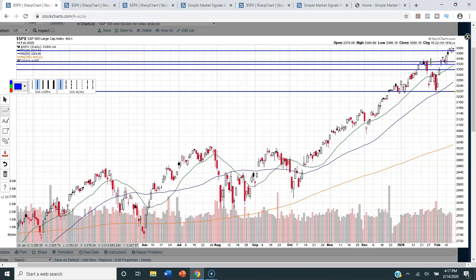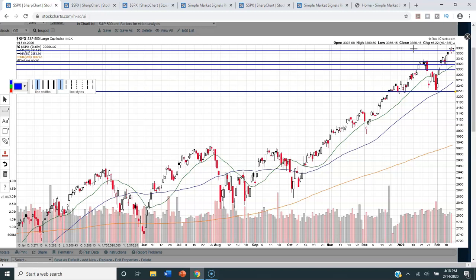The other thing that I have been looking at here is the distance we are above the 200-day moving average. Let me grab my calculator here real quick, guys. We've got the 200-day moving average sitting at 3032.61, and we closed at 3380.16.